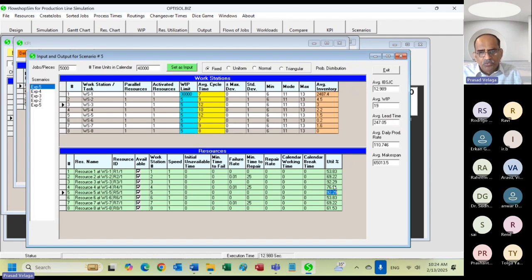Normally, what we try to do is bring some improvement. Because they're pretty busy, I want to reduce the cycle times there.